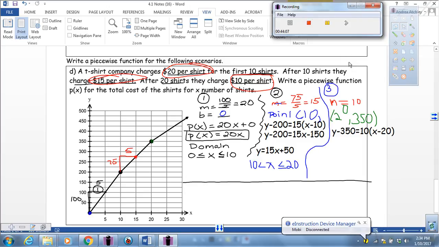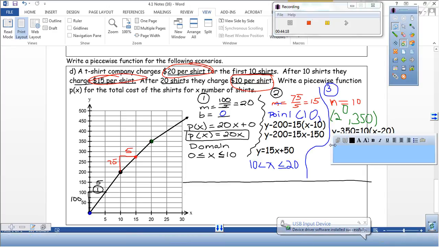Equation should be, let's call on somebody. Oscar, would you have the equation? What's the equation? Y equals? Okay, Jeremiah, you have it? What is it? Y equals 10x plus 150.